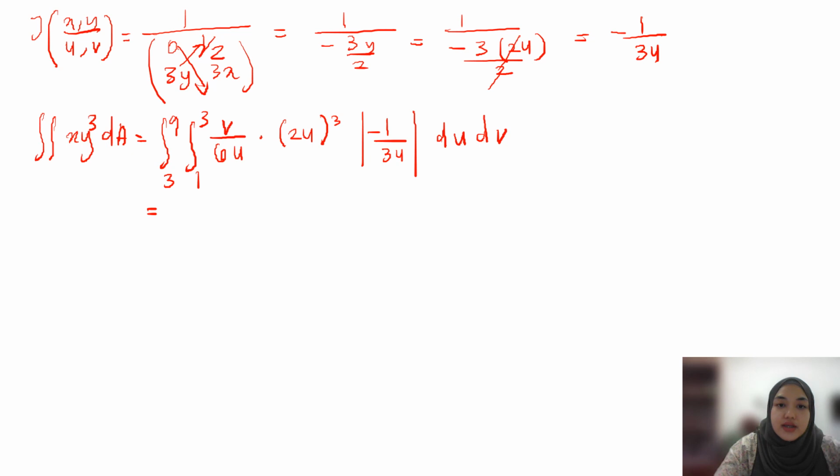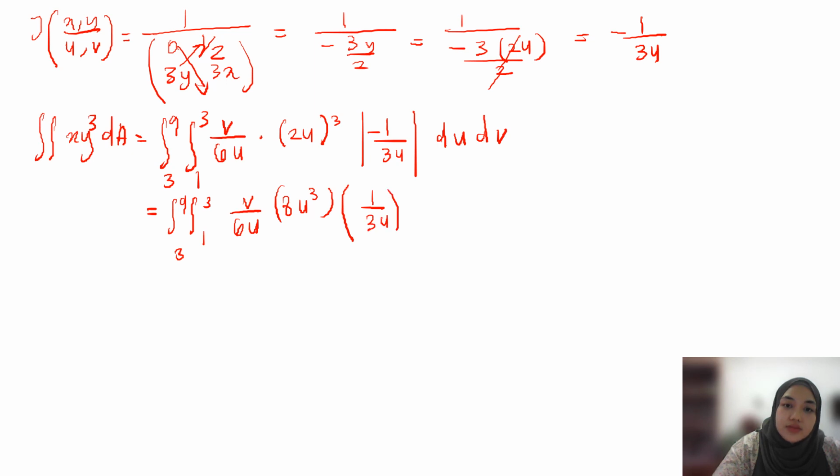Okay, so you can simplify this one by rewriting the limits 1 3 3 9. So this one you get v over 6u times 8u cubed times 1 over 3u, because absolute value is always positive, and then you can simplify this one. You will get this, simplified.